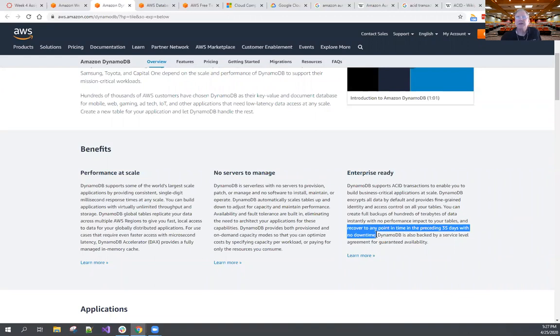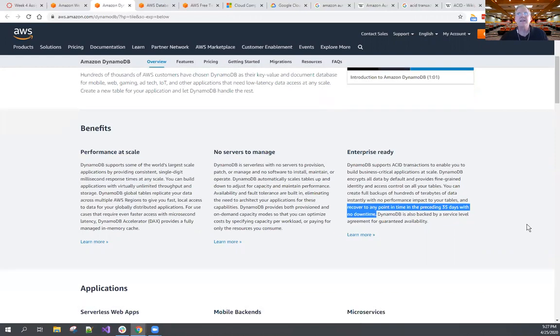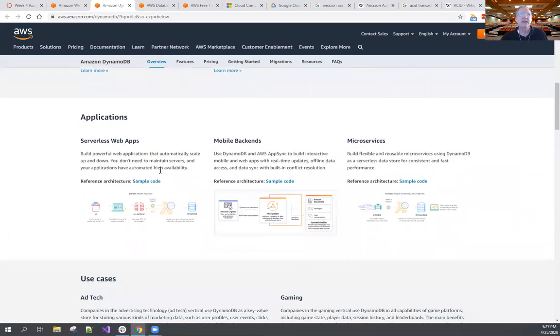Here's an example of a failure. You deploy your application, you don't realize it, but there's a serious bug that ends up destroying data or deleting or updating when it should not. That's an example of you saying, oh crap, we've got to roll back, and this gives us 35 days to roll back to.